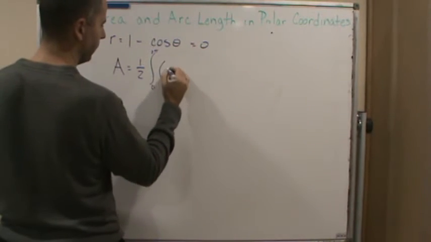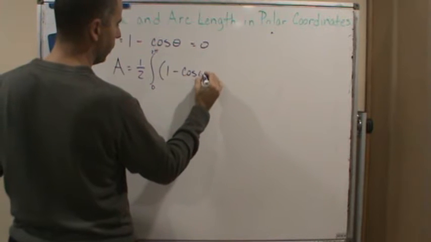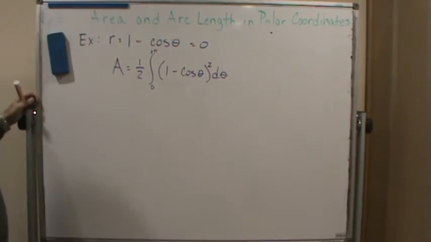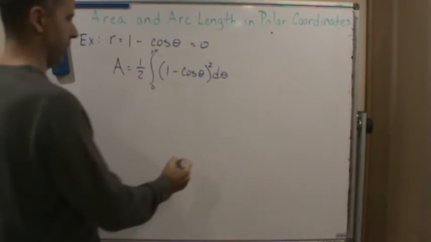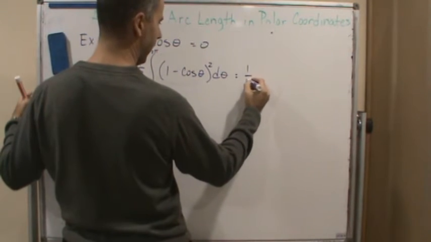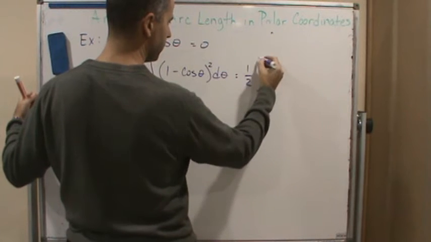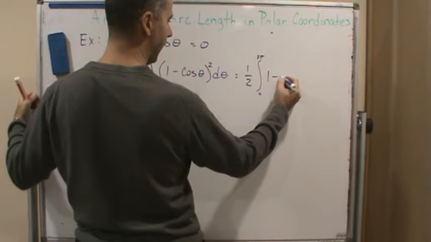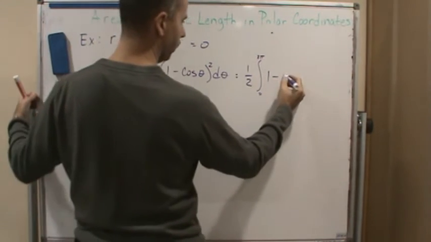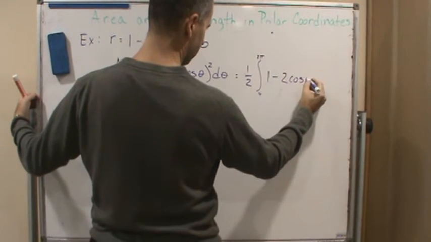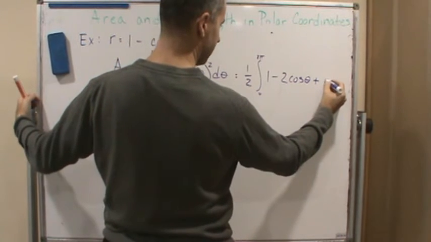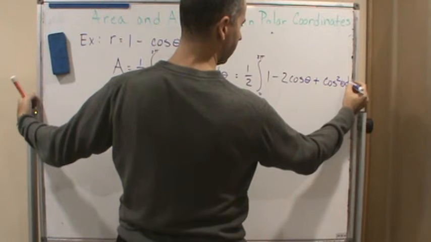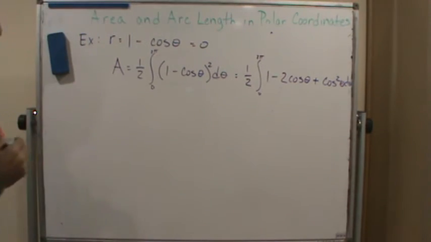It's going to be 1 minus cosine theta squared d theta. Now we're just going to simplify this. This is going to equal 1/2 the integral from 0 to 2 pi of 1 minus 2 cosine theta plus cosine squared theta d theta.